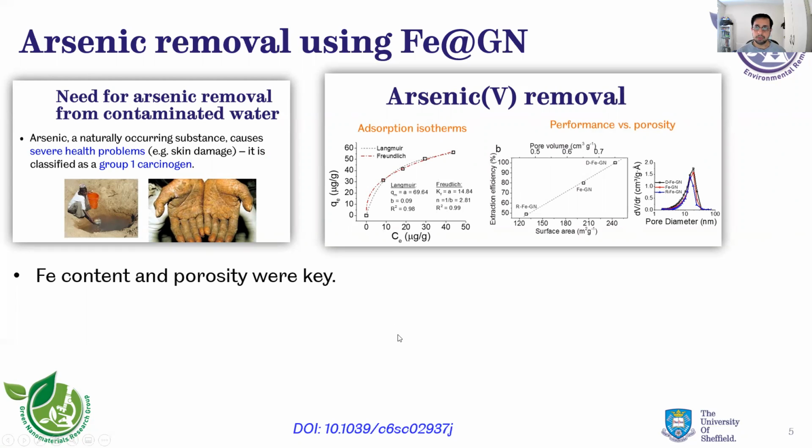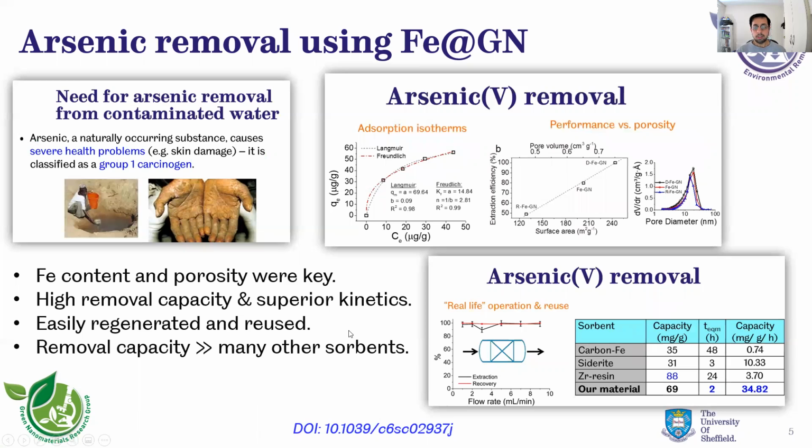We've also found out that the porosity of the materials and the content of iron in the system is really key in its performance. So we tried to connect the extraction efficiencies with the porosity and also the iron content.